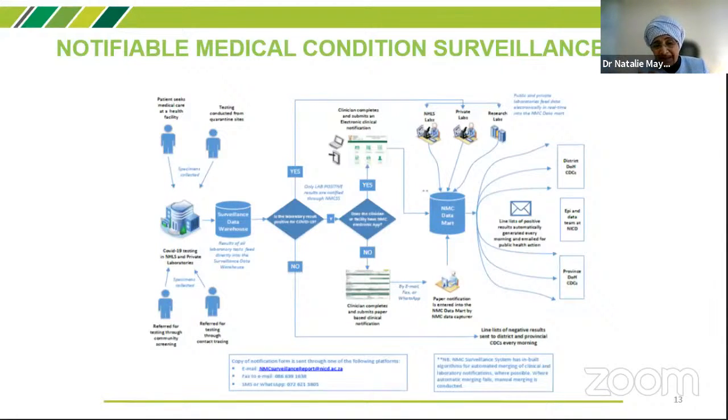This is legally reportable by all clinicians in the country for these 55 medical conditions. Some of them are reportable within 24 hours and some of them are long-term. And this is possibly an opportunity that we could leverage to report rare diseases.